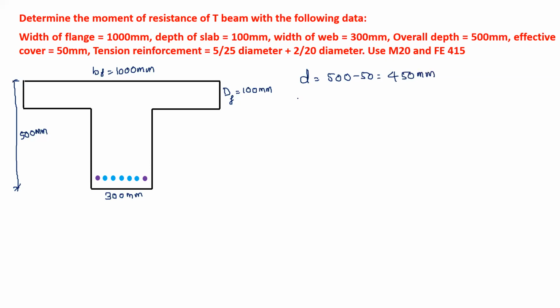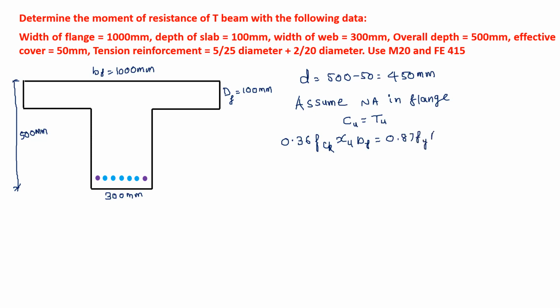Now assume neutral axis in flange. So we have Cu equal to Tu. As it is in flange, we have it as a rectangular section with width BF: 0.36 FCK XU into BF equal to 0.87 FY AST.